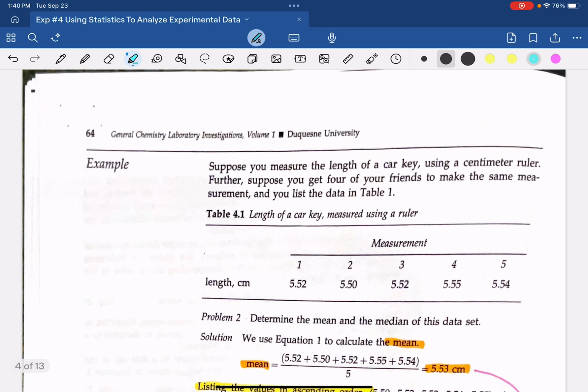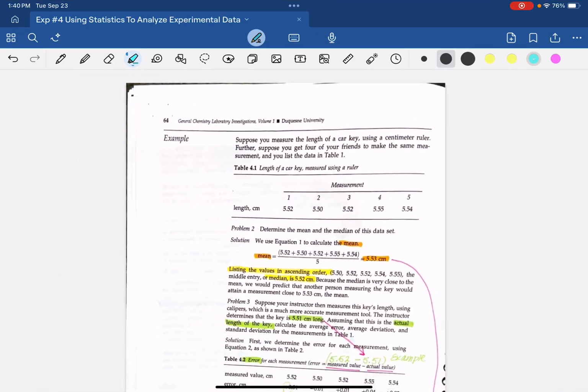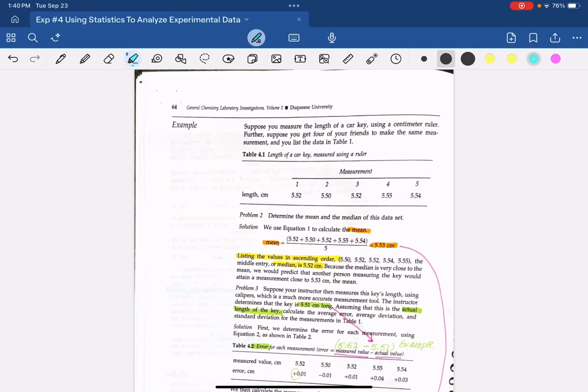The next example that I want to point out to you, because this is really important, is on page 64. As I zoom out, you'll be able to see that I went through and highlighted things in different colors to make my life easier as I was preparing to teach this.